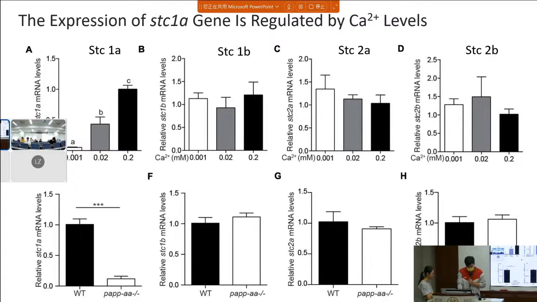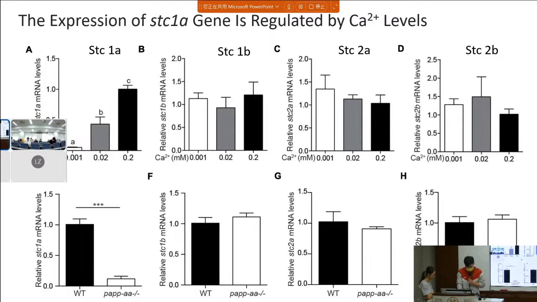The mutant fish all suffer from severe calcium deficiency, and the calcium ion level in the body is significantly reduced compared with the wild type.